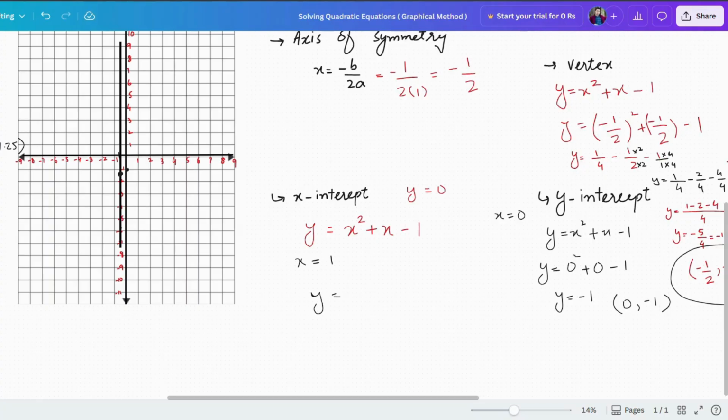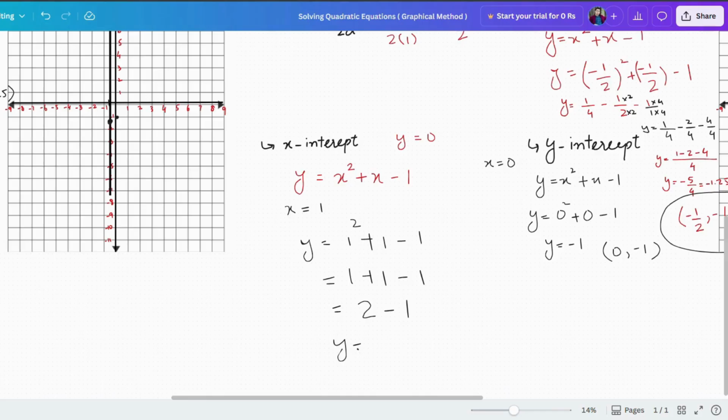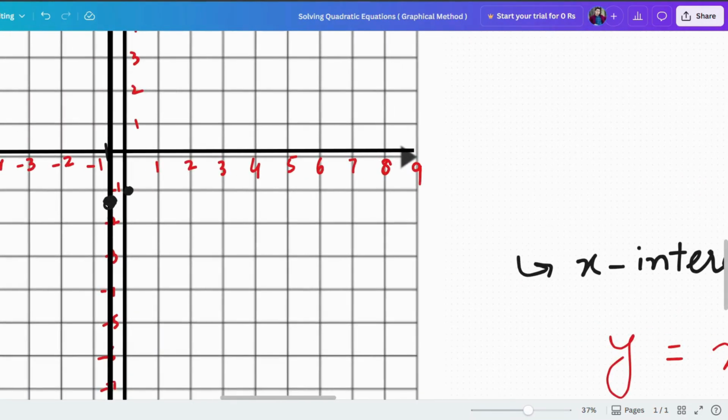So y is equivalent to 1 square plus 1 minus 1. 1 plus 1 is 2, minus 1. By this way, I will get y equals 1. When x is 1, y is 1 as well, right? So this is the value that I've got. So when x is 1, y is 1, it should be probably at this point.